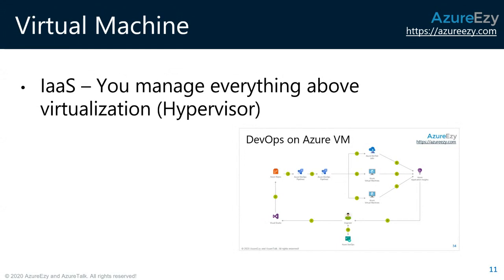Now, apart from this DevOps implementation, it is very, very useful for the lift and shift model of migration. You might have heard of this particular word. When a cloud adoption discussion starts, this is the word which comes in the very first discussion. What does it mean?